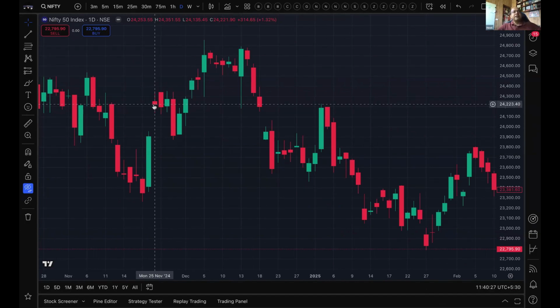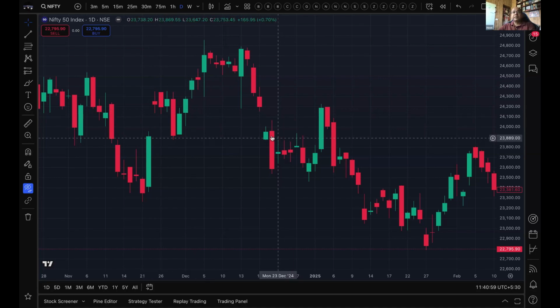But it is still a red candle because the open happened at 24,253 and the close happened at 24,221. The red candle is because for that particular day, the open was higher than the close. And because of which this formed a red candle, even though if you compare it to the previous day, the prices moved up. So that's one thing you just need to be aware of when you're looking at the color of the candles.